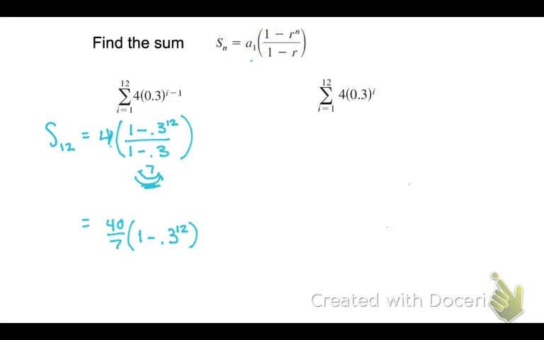So 40 divided by 7 times 1 minus 0.3 to the 12th is approximately 5.71. Remember, when you're putting this in your calculator, put parentheses 40 divided by 7 parentheses and then parentheses again, right?